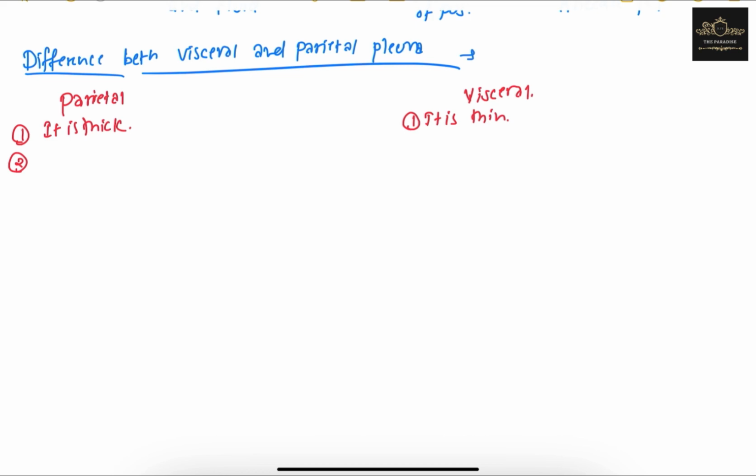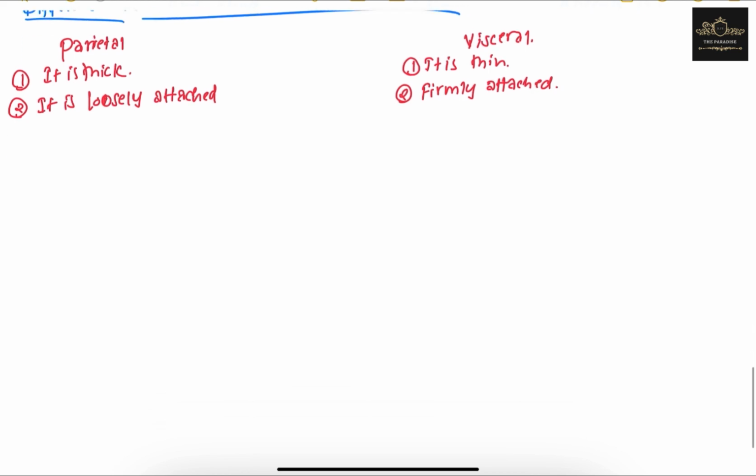Next point: parietal is loosely attached and visceral is firmly attached. It means parietal pleura can be easily identified, but visceral pleura cannot be identified easily.